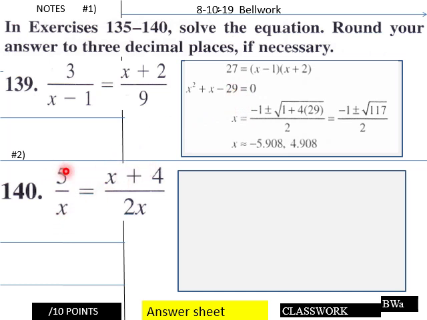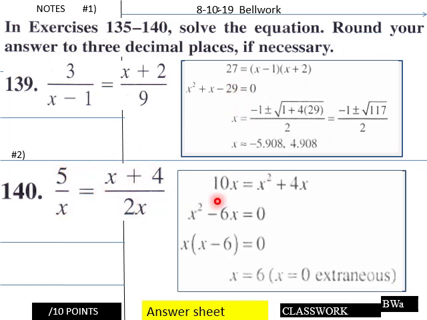And then down here again, cross multiply, students. So you get 10x equals x squared plus 4x. You move your 10x over here, and you end up with x squared minus 6x equals 0. You factor it down, so x times x minus 6, x equals 6 and x equals 0, which you found out was extraneous.